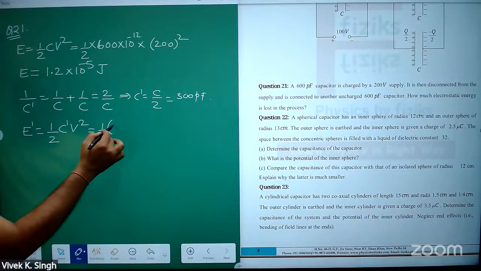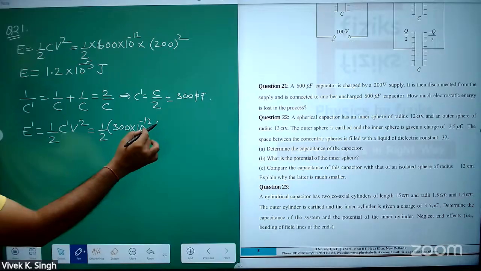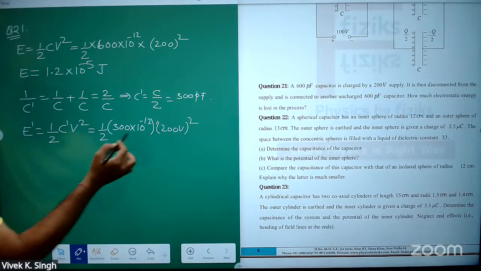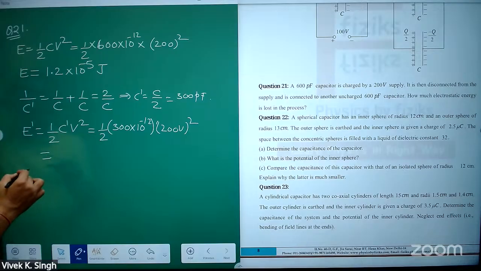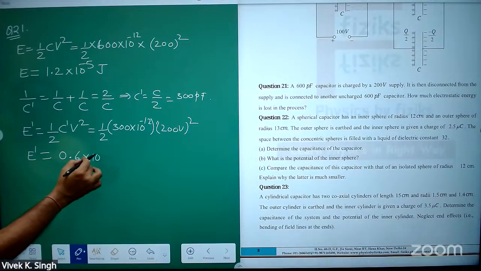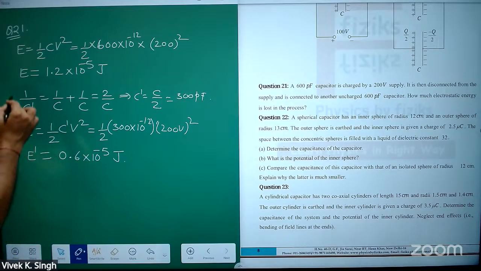So this is half into 300 into 10 to power minus 12 and then 200 volt whole square. Let's calculate this value. I think this is 0.6 into 10 to power minus 5 joules. So how much energy is lost?